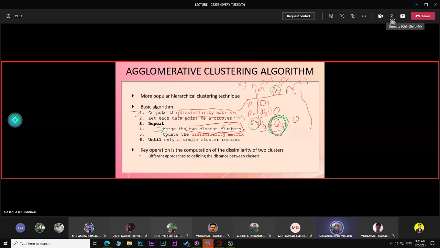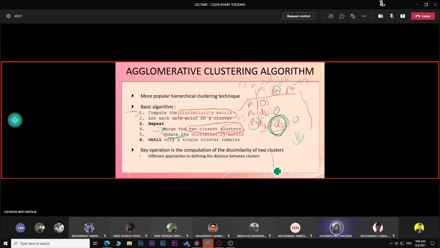Okay, so now what you are going to have is that from 3 clusters, when you have merged two objects, the number of clusters will be reduced to 2, isn't it? Right? So what you need to do next is update.